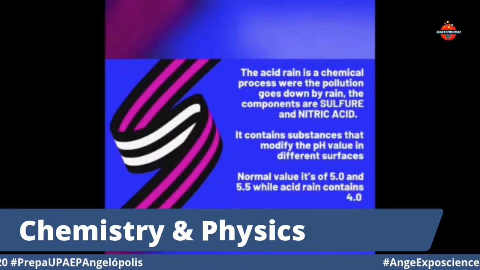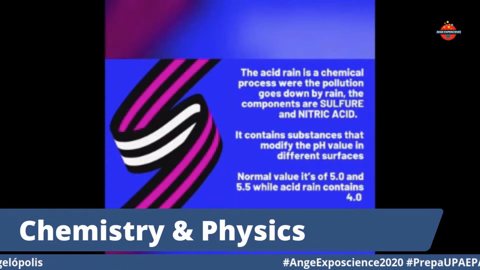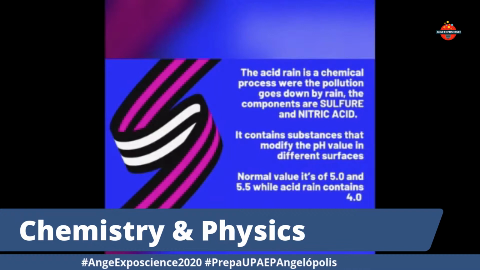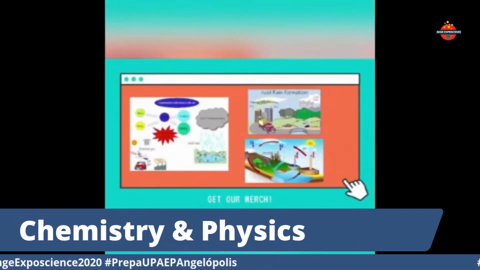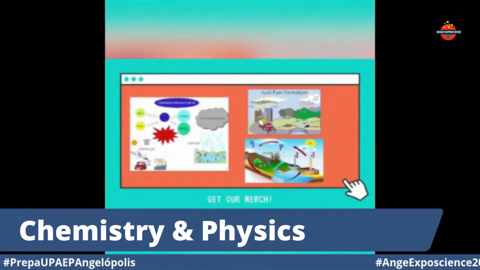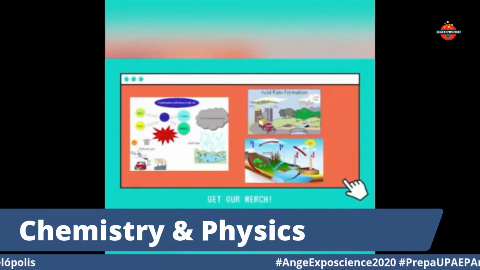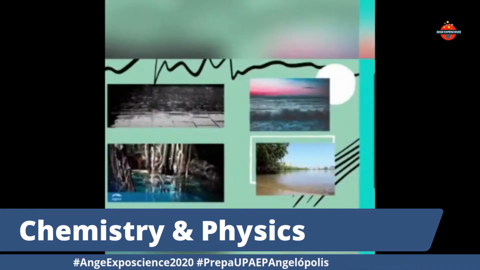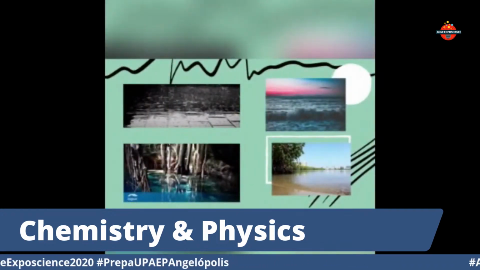I will give a small introduction about acid rain and the relationship that we will analyze between water from different sources in terms of its pH value. We know that acid rain is a chemical process where pollution comes down by rain. The rain needs components to be considered acid rain: sulfuric and nitric acid.